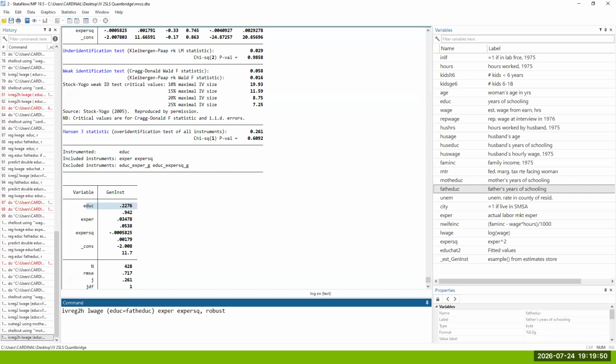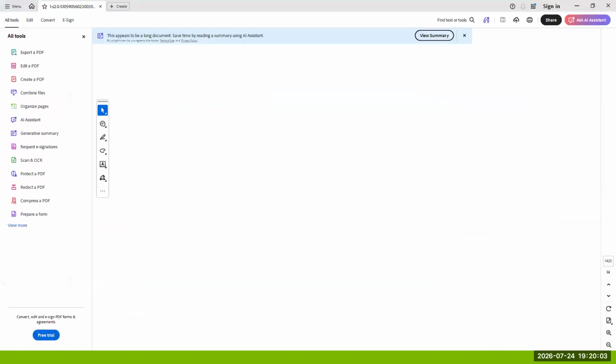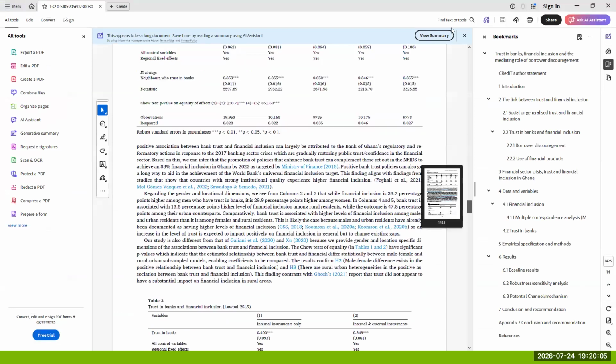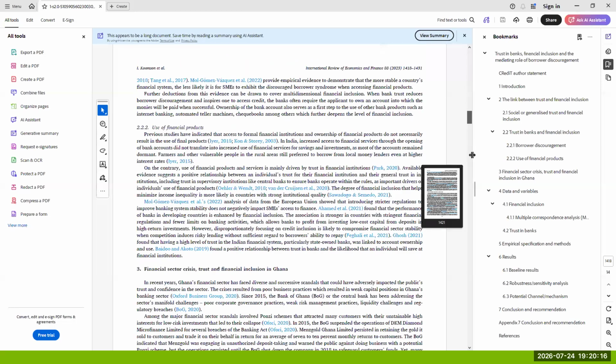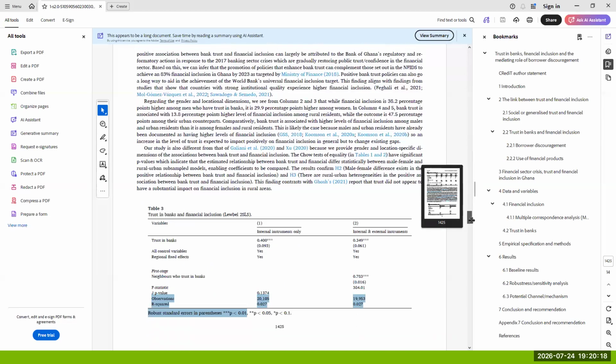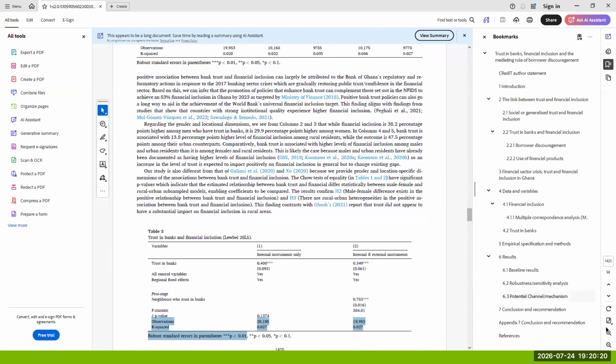Again, in my papers, even though I'm doing a robustness check, I still report both the internal and external instruments in the paper. So I have one of the papers here. This is a paper on trust in banks, financial inclusion, and the mediating role of borrower discouragement. I have my Liouville here.